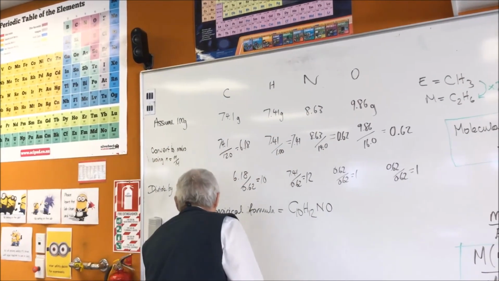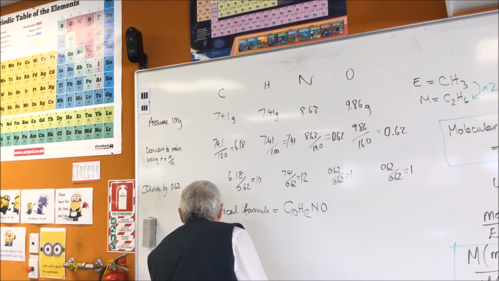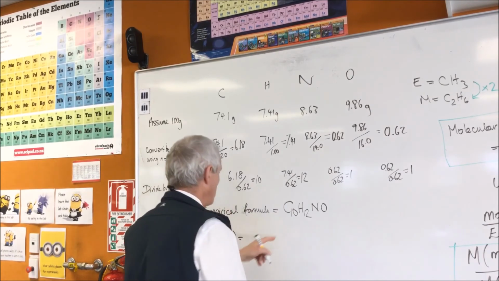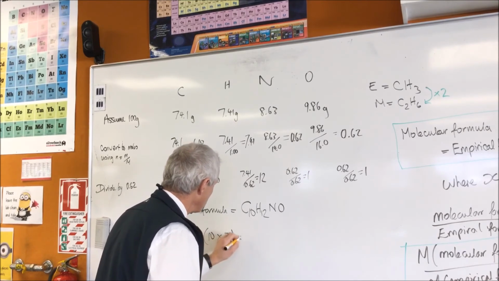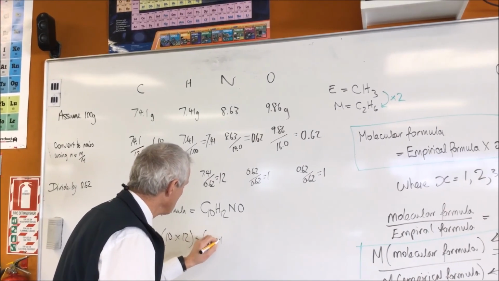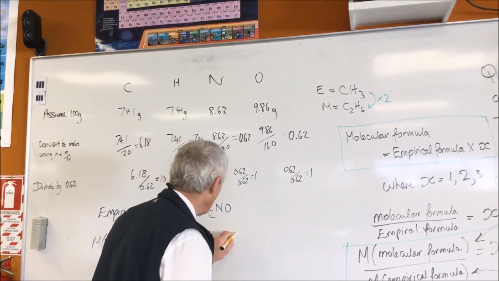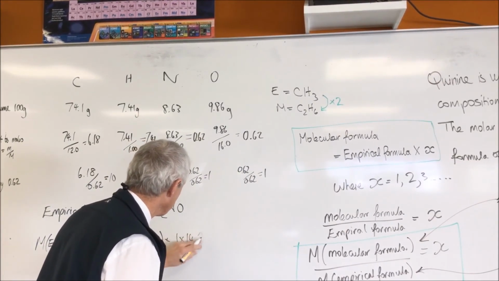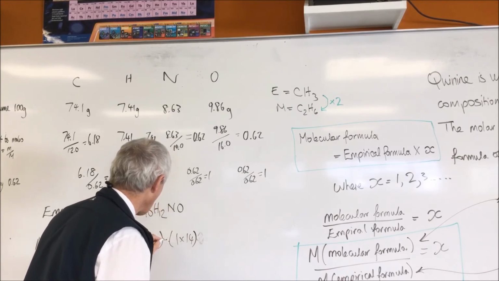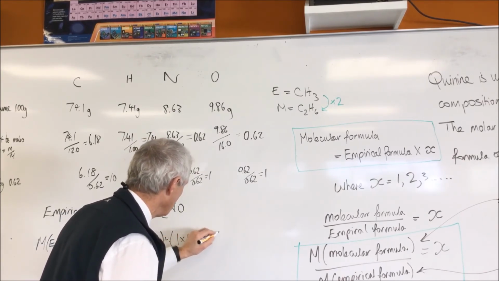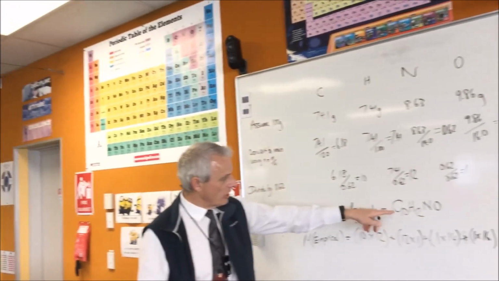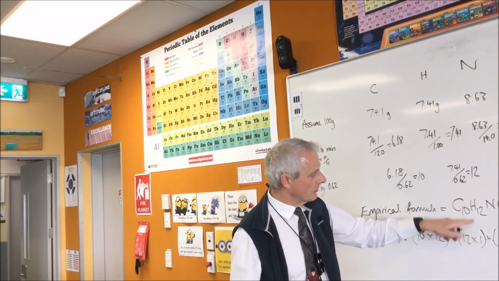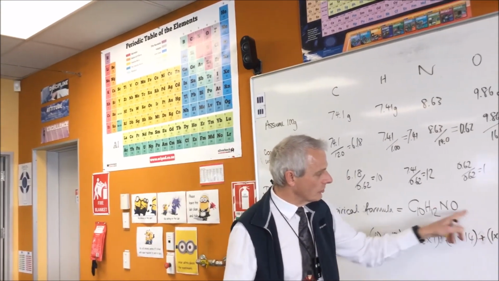M empirical equals 10 times 12 plus 12 times 1 plus 1 times 14 plus 1 times 16. And I've done it in longhand, so you remember how you're doing this. You've got 10 times carbon's atomic mass, 12 times hydrogen's, 1 times nitrogen's, and 1 times oxygen's.